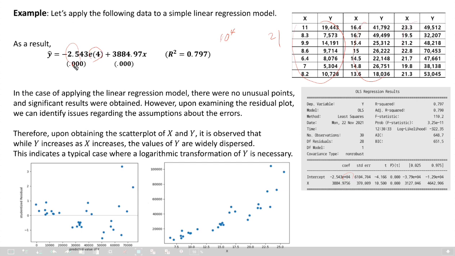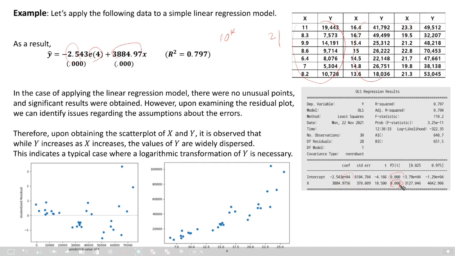So it's a big number, and the p-value is 0.000. The coefficient of x is 3884.975697, and the p-value is also 0.000.